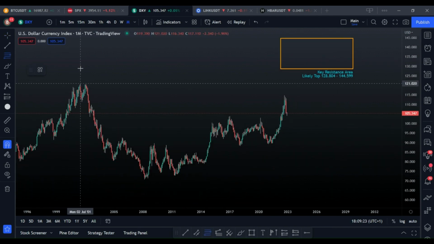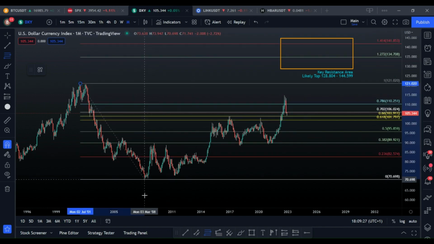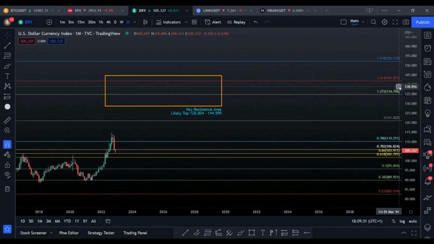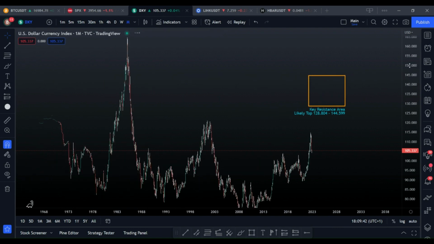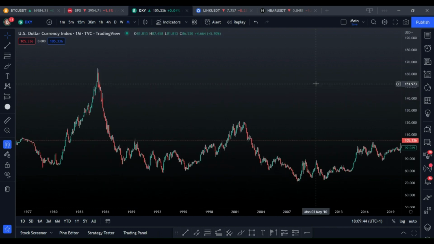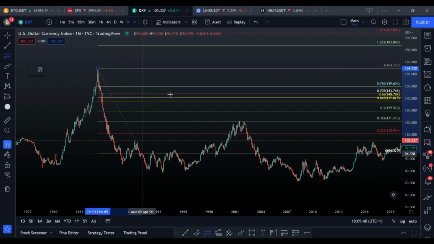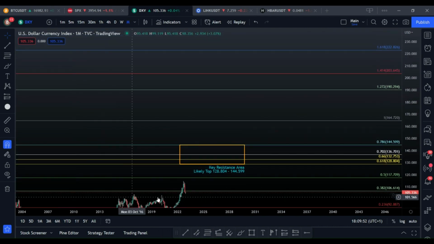If you take a regular fib target from the high of 2001 to the lows of 2008, we can see right here that we have our impulsive fib targets 1.272 and 1.414 between 134.7 and 141.85 roughly. And also, if we draw fibs from the highs of the 80s, from 85 to the 2008 low.